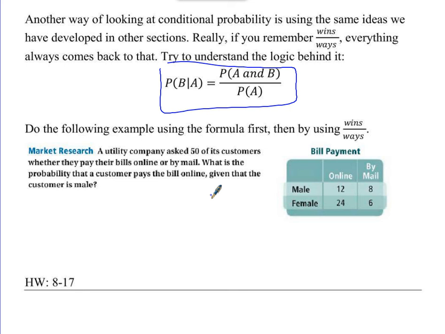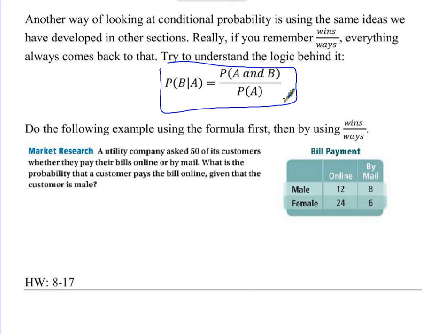This formula severely complicates this problem. We can probably come up with the answer extremely easily just doing wins over ways and circling the correct thing. Otherwise, we're using this formula and making life incredibly challenging. So, another example of how I try to make your life as easy as possible in Algebra 2.